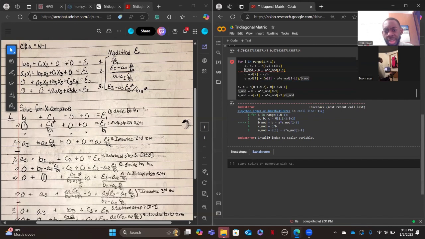Why does it say invalid index for scalar variable? What's the exact problem?